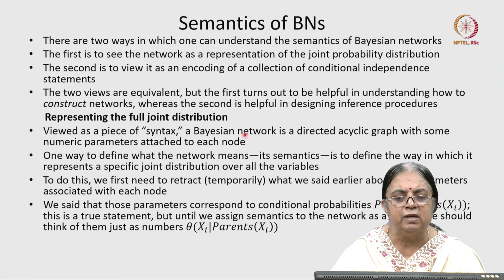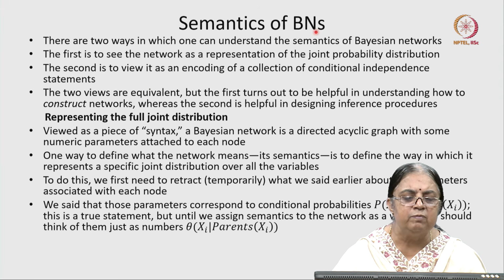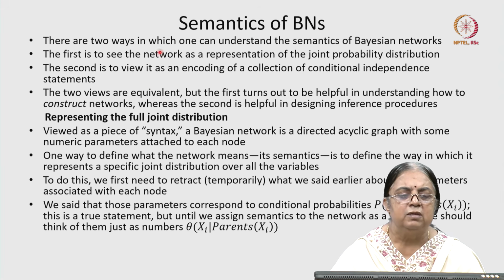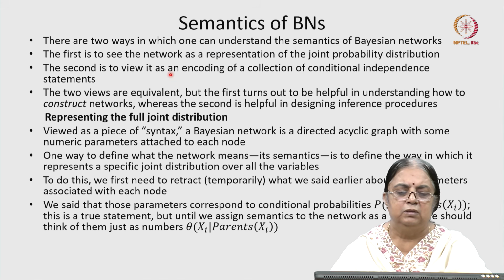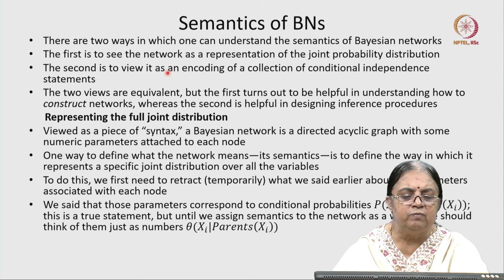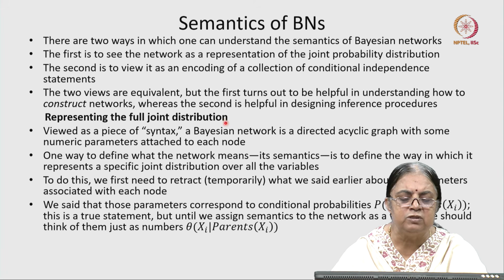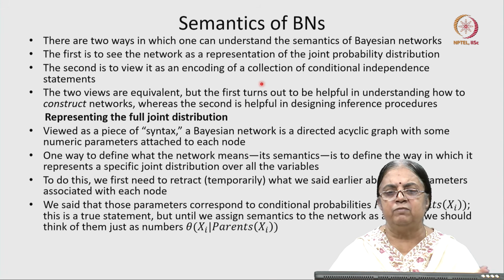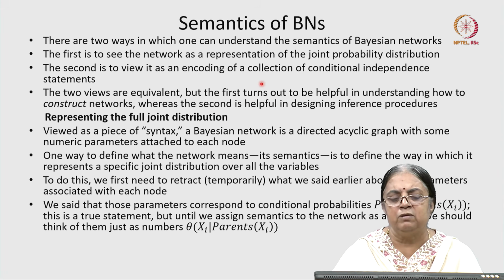So, let us look at the Bayesian network. If you look at the full joint distribution, the full joint distribution assumes every node is affected by every other node, influenced by every other node.